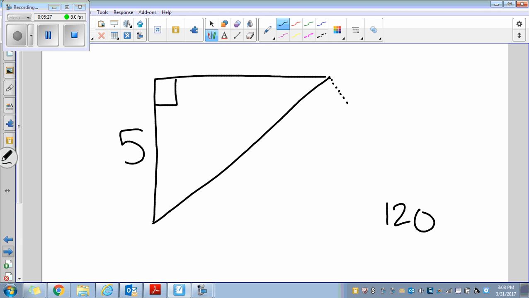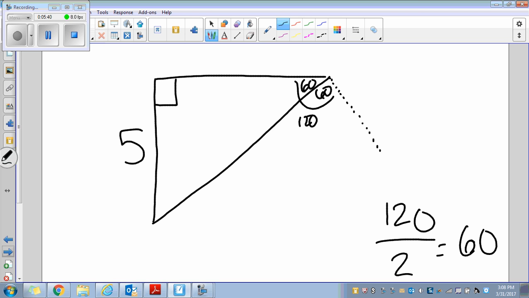So this would be the side to the hexagon. We know this whole thing is 120, so we divide that by 2, and each one of those angles is 60. So a 60 there and a 60 here. Well, this is a special right triangle now. We have a 60-degree angle, a 90-degree angle that forces the third angle to be 30 degrees. A special right triangle. Well, that will end up helping us a lot.